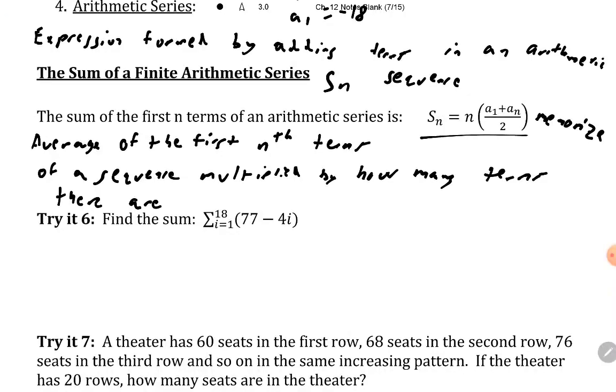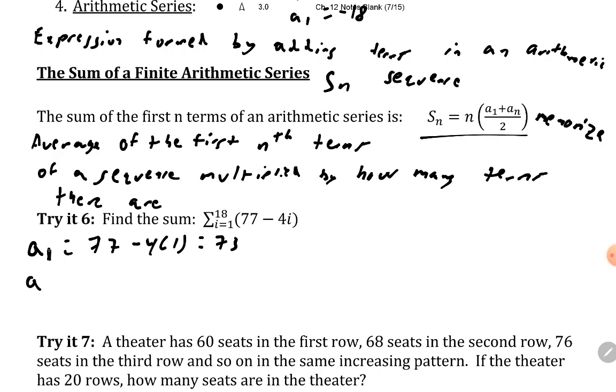Find the sum. Okay, so we first need to find the first term, because we have a lot of variables in there. With n, we have a sub 1 and a sub n. So we need to find the first term. First term is just 77 minus 4 times 1, which is 77 minus 4, which is 73.